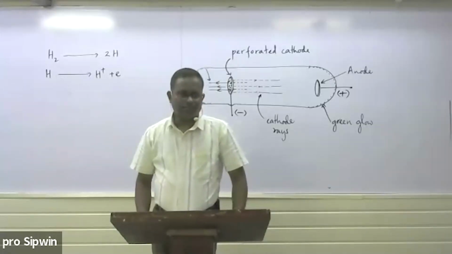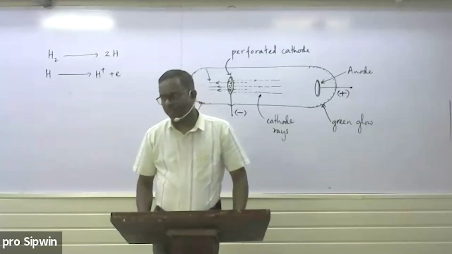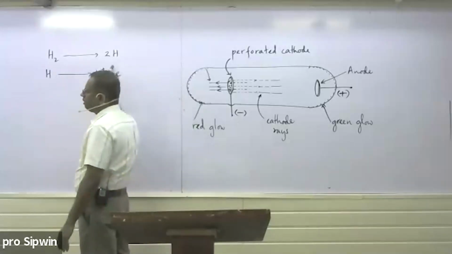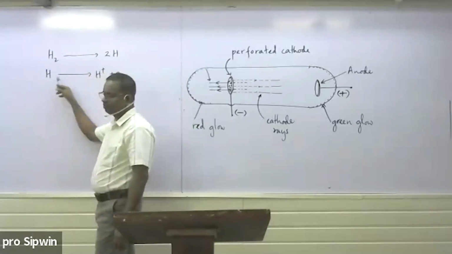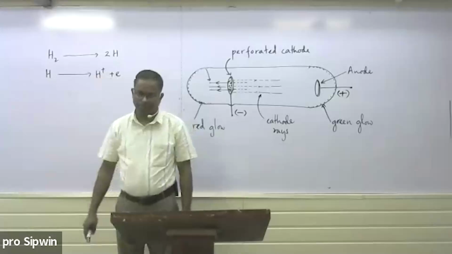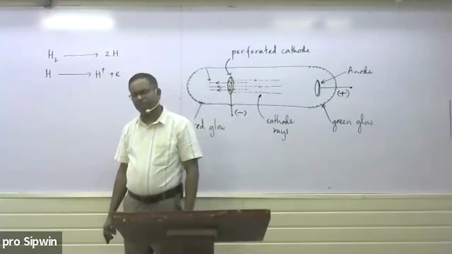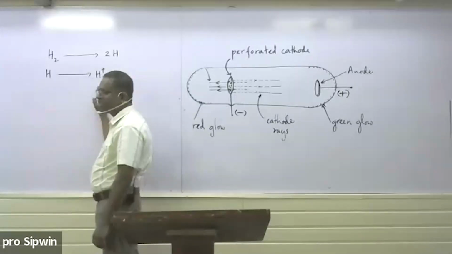After the atomization, ionization takes place. The hydrogen atom loses the electron, giving the H plus ion, an atomic ion.